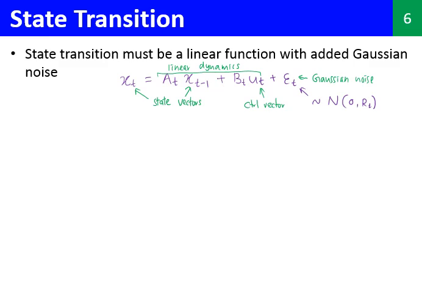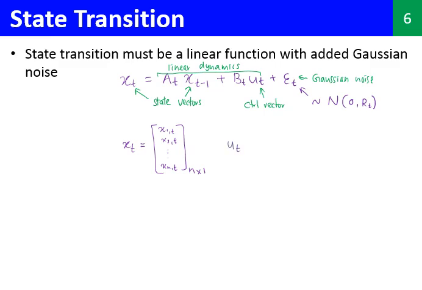Now let's say there are n state variables. Therefore, we would have xt equal to x1t, x2t, up to xnt. So this is an n by 1 vector. And we can have m control inputs.